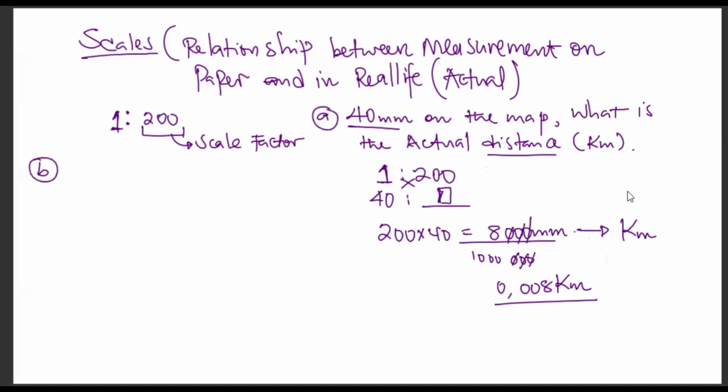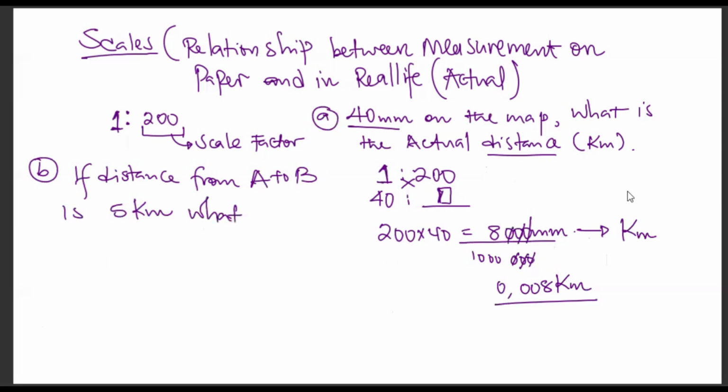Another example, part B. If the distance from point A to B is 5 kilometers, what is the distance on the map?